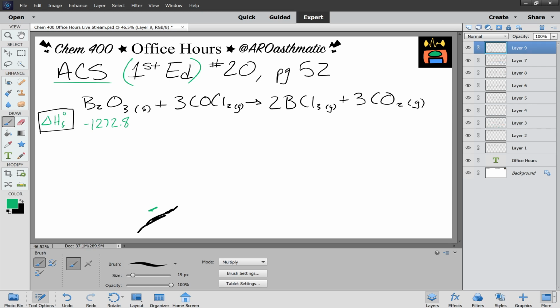For carbon monoxide dichloride, which is not its real name, but you know, it's all we can name it for now, it's negative 218.8. All of these are kilojoules per mole.